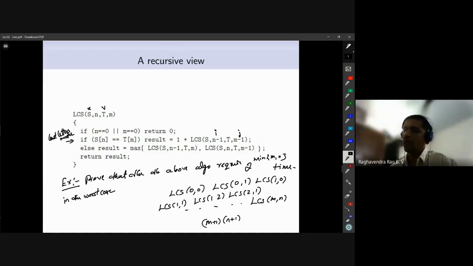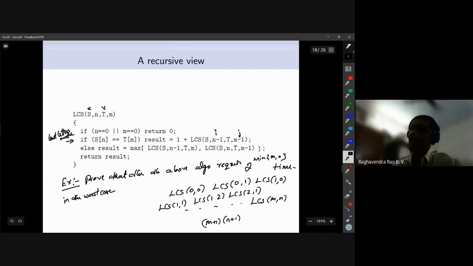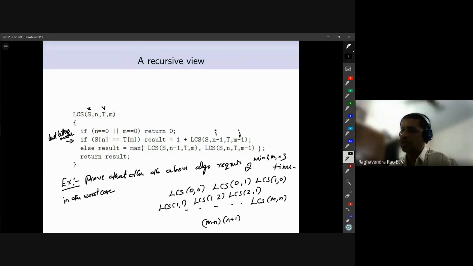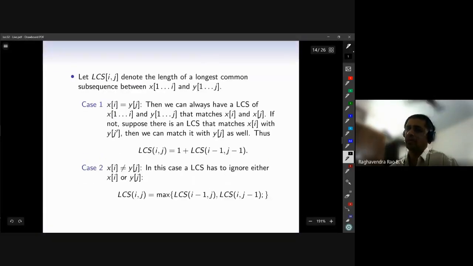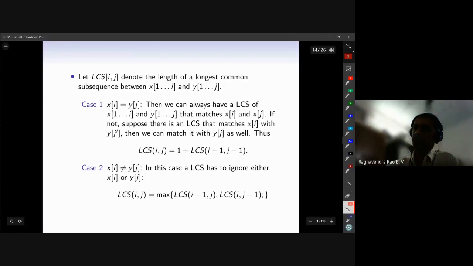By this formula, LCS(i,j) is defined using three values: LCS(i-1,j-1), LCS(i-1,j), and LCS(i,j-1). These are the three values that you require.